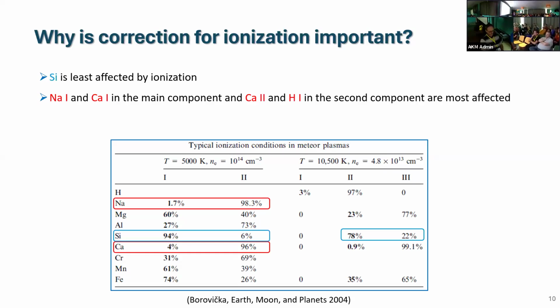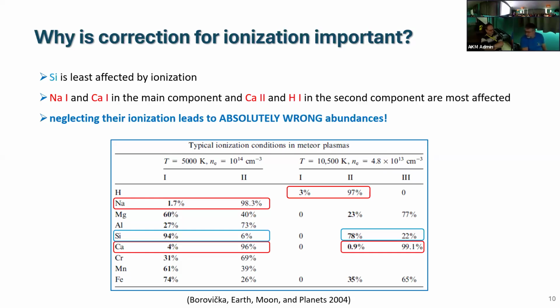And same goes for the singly ionized calcium in the high temperature component, and also for the hydrogen. Here we can see that neutral hydrogen represents only a small minority. So as a result, neglecting their ionization leads to absolutely wrong abundances.